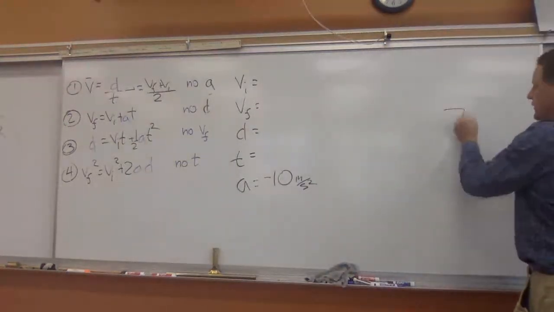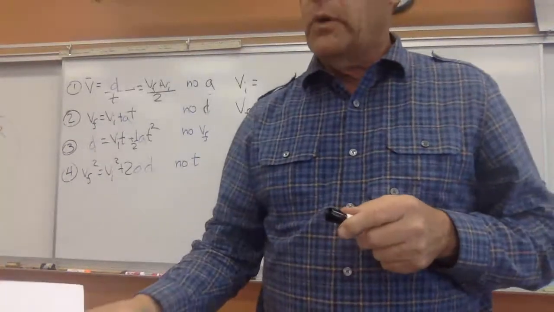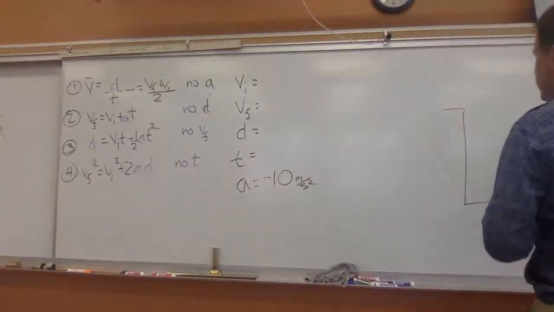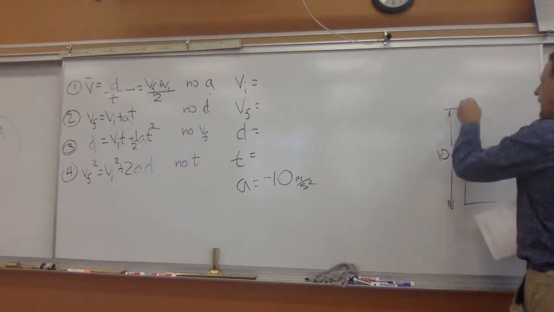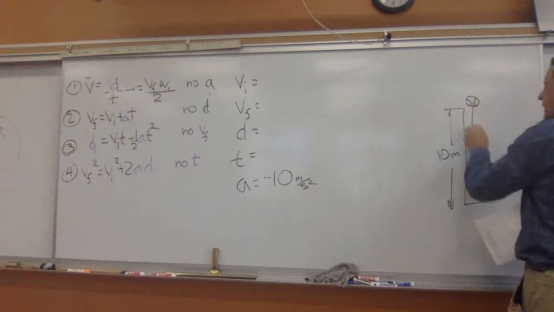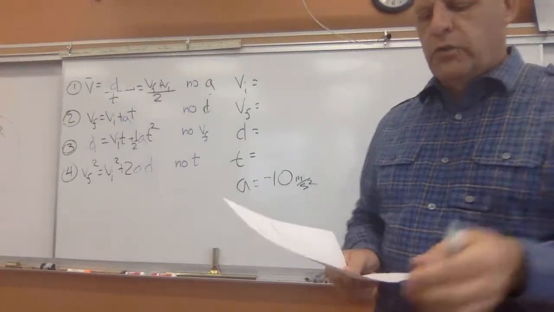Okay, so oftentimes it's going to help to draw a picture, okay? And what we have here is a 10-meter high cliff, and this ball is going to be dropped.